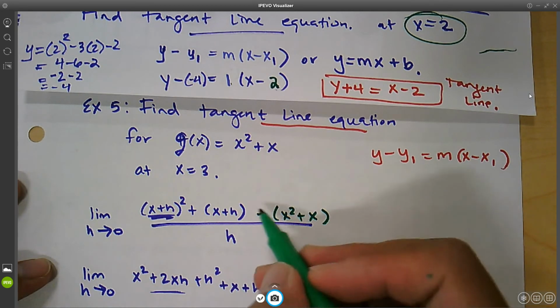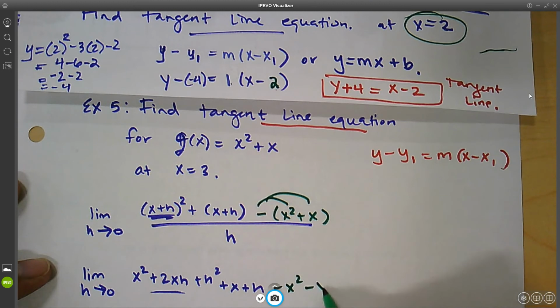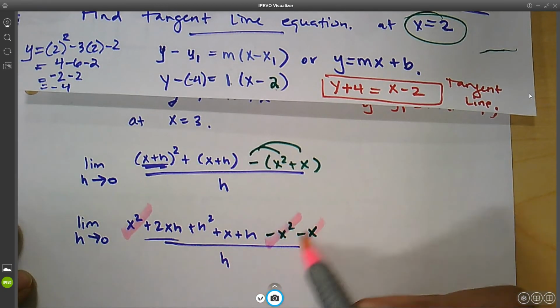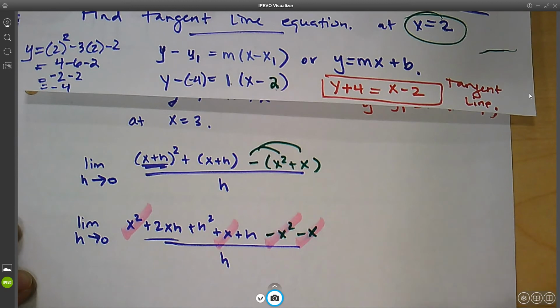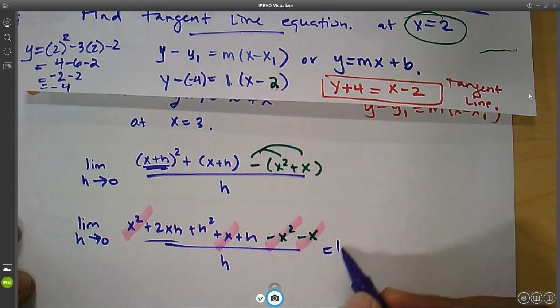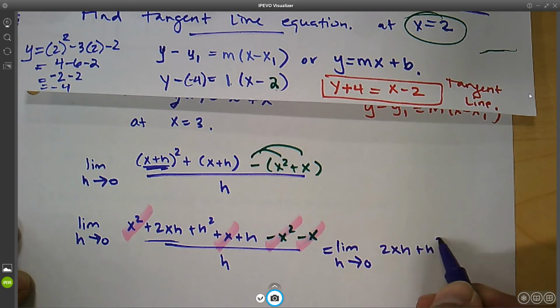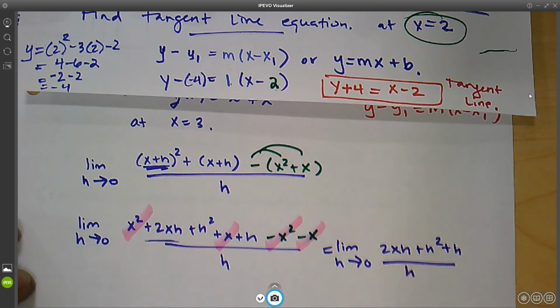And then distribute the minus, all over h. So not too bad. A couple things should cancel out, leaving you guys with this much, all over h.